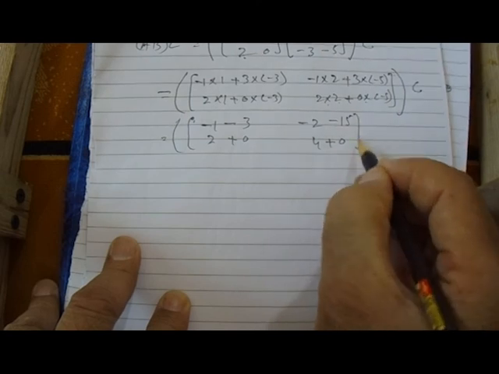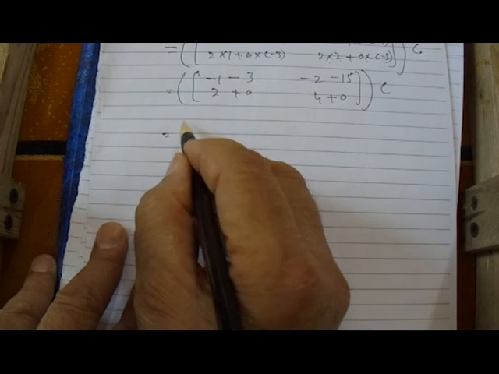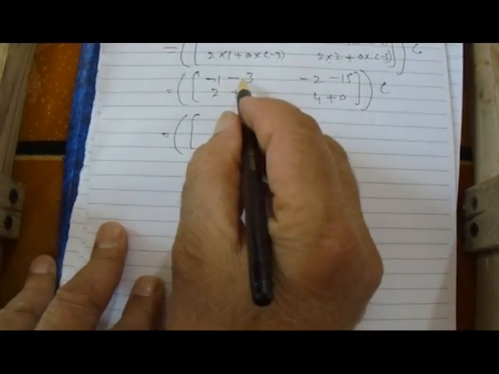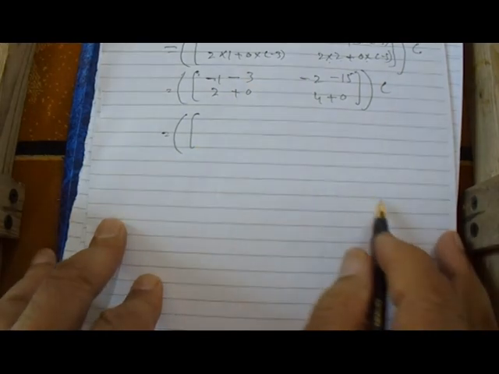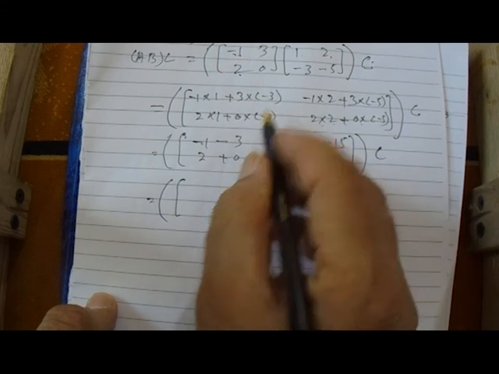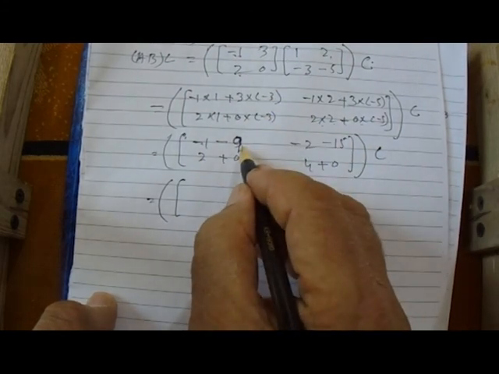We write this round bracket, this C. In the next step we write this bracket, and -1 -3, this -9, sorry, 3 multiplied by -3 is -9.